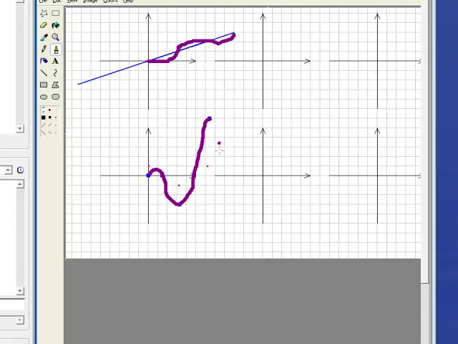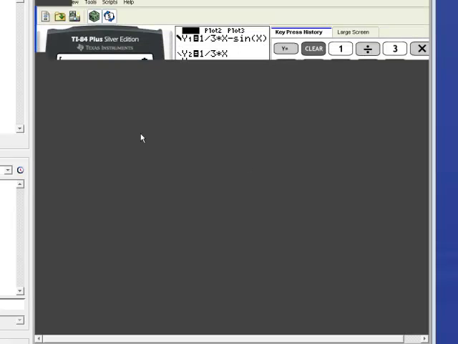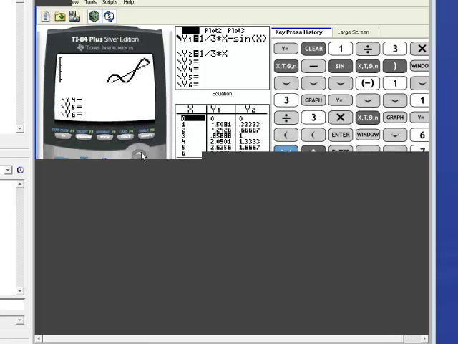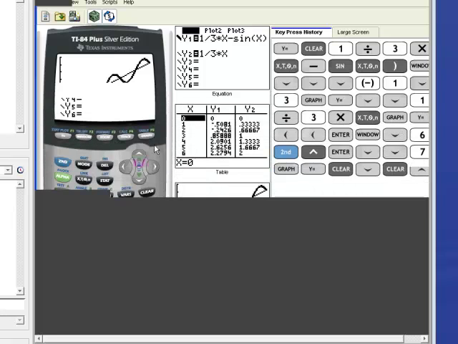So let's look at the graphing calculator. Let's see where we are. Okay, clear this one, clear this one. Okay, x times cosine x.